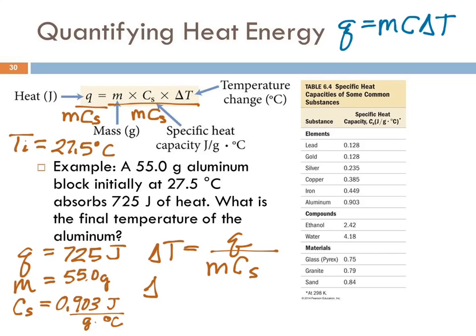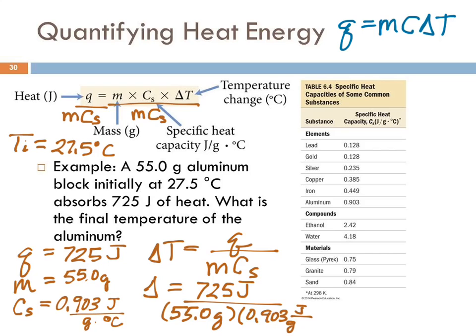So delta T: Q is 725 joules, divided by the mass, which is 55.0 grams, times the specific heat capacity, 0.903 joules per gram degrees Celsius. Joules cancel, grams cancel.